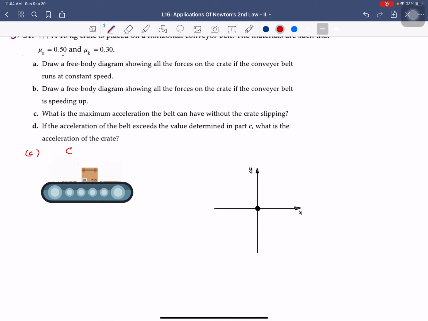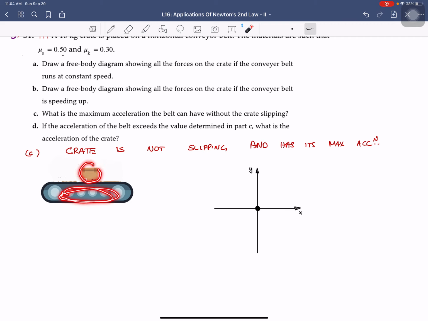So in part C, the crate is not slipping and has its maximum acceleration. Okay, so this conveyor belt is moving as fast as it can with the crate moving along with it without sliding or slipping on the conveyor belt.